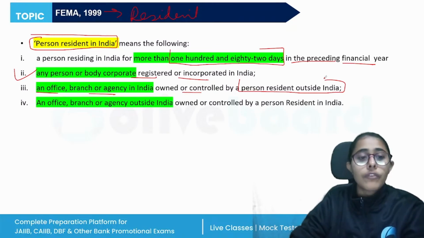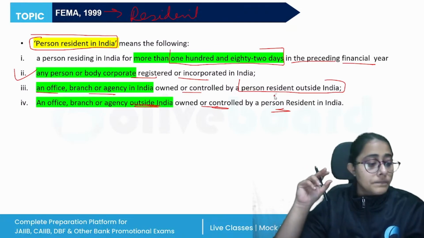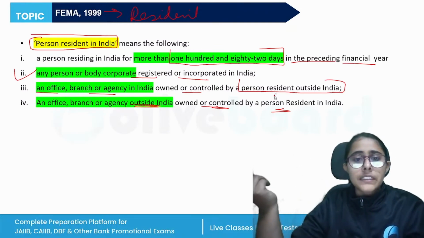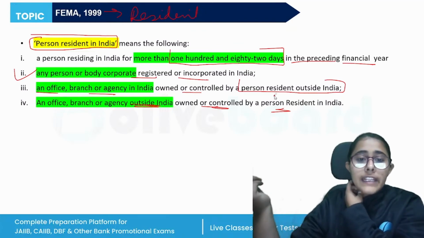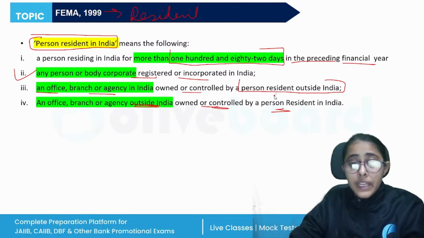And any office, branch or agency which is outside India, but is controlled by a person resident in India. So a person resident in India is not going to include any person who goes out of India for taking employment outside India, or carrying on any business or vocation outside India, right?